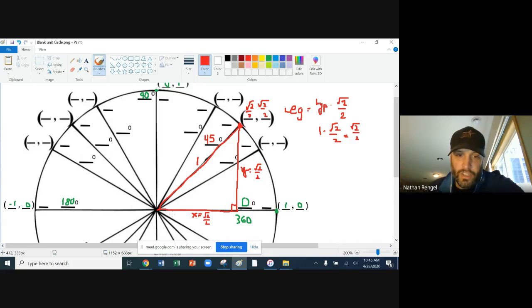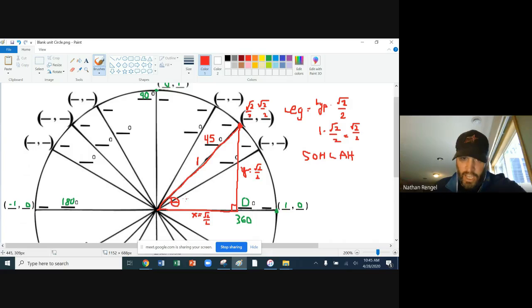Now, another thing that you learned back in geometry, or even if you're in geometry this year, is SOH-CAH-TOA. And we just need the SOH and the CAH when we're talking about sine and cosine. Your angle that you're talking about is right in here, and I'm going to call it theta. That's what we use to represent angles.